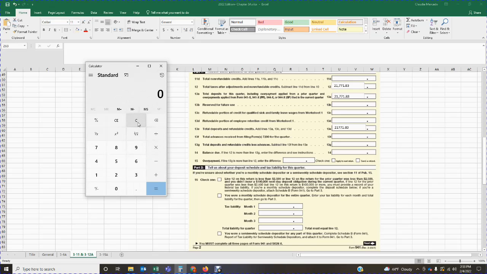I entered too many numbers. 21,177.83. Okay. So we subtract 13F, which is what we have here, from line 13E.